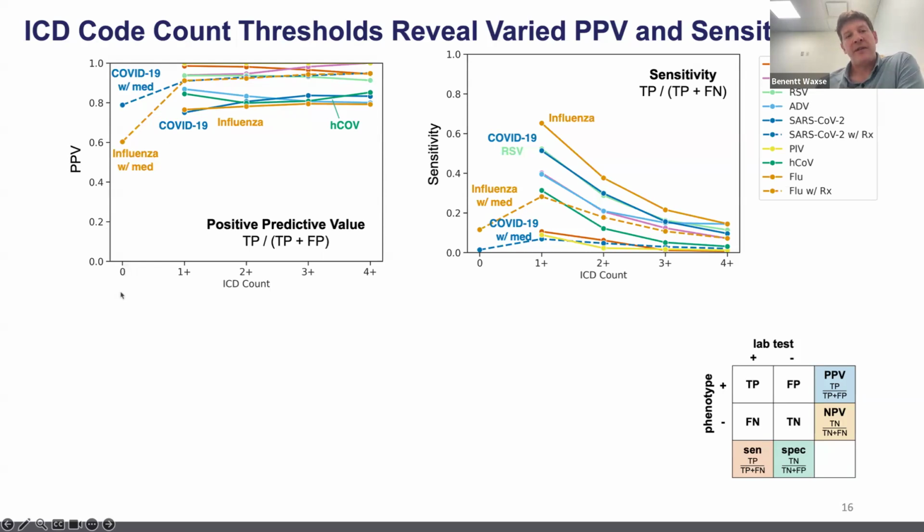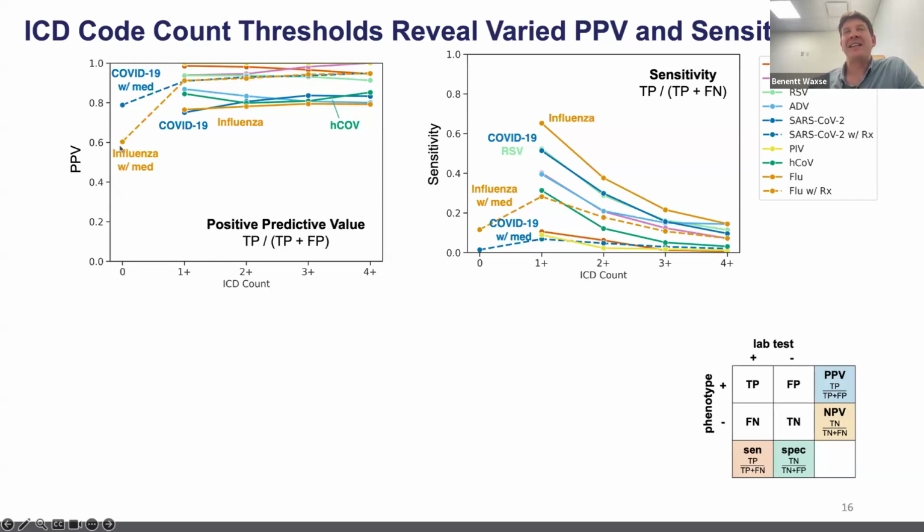So 0. If you have an ICD count of 0, it means that your phenotype is positive for something else. And so that will only work for influenza and COVID when we have medications to indicate an episode. And so this is where you have influenza, you have one medication for influenza, and you have no ICD codes. That positive predictive value is poor, 60%. So 50% is a coin flip, this is marginally better.